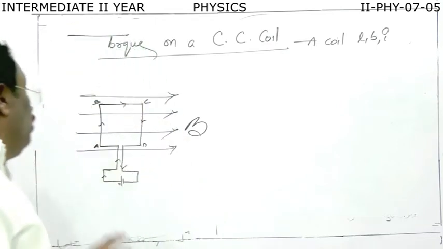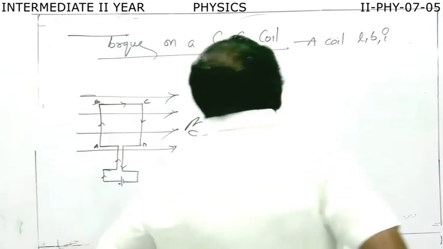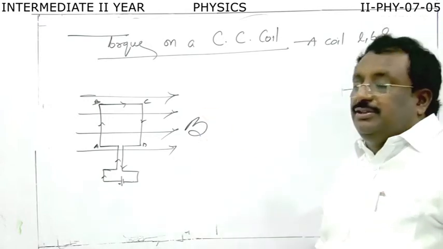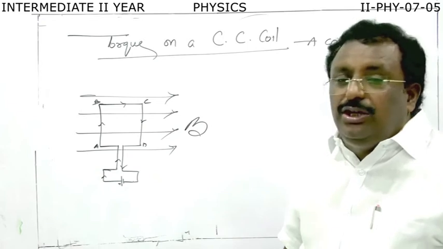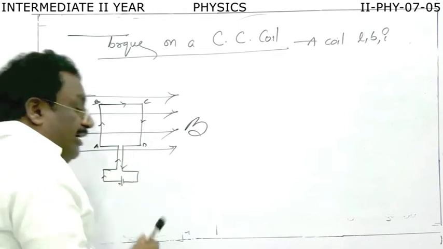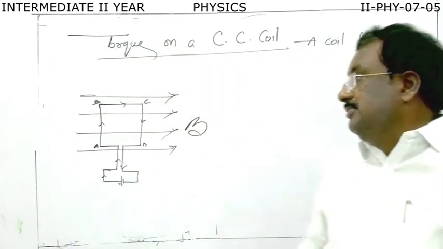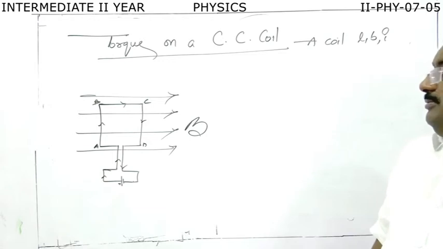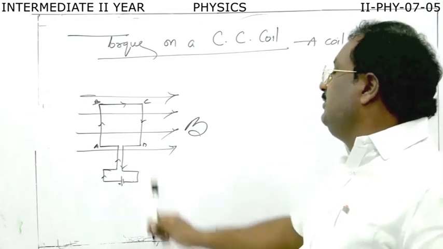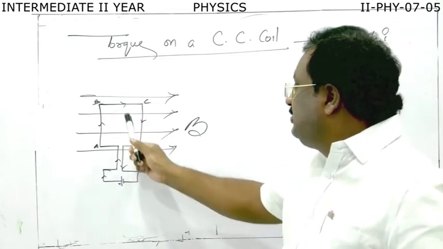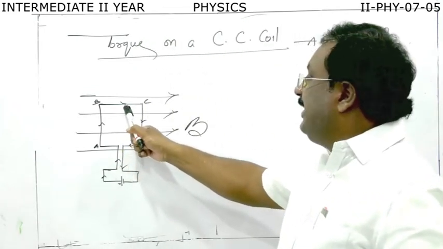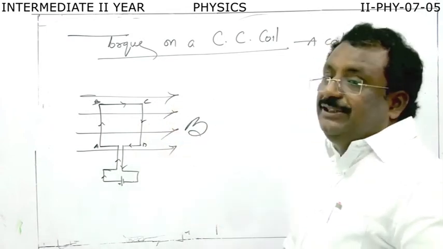When current is flowing through this coil, AB, CD is a coil. Here AB and CD are called the vertical sides of the coil, whereas BC and AD are horizontal sides. If we see this figure, the current in the BC side is parallel to the magnetic field.